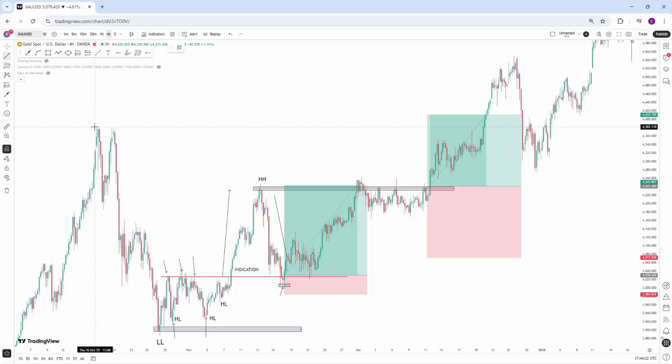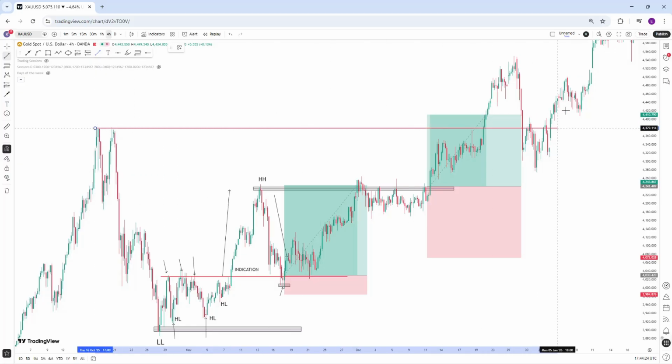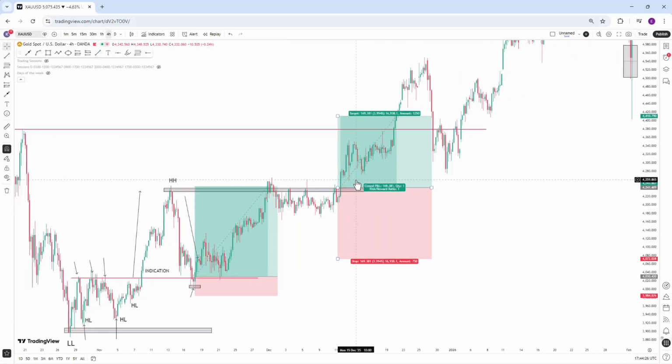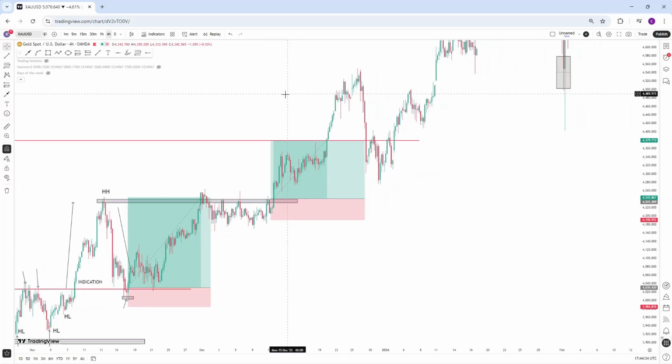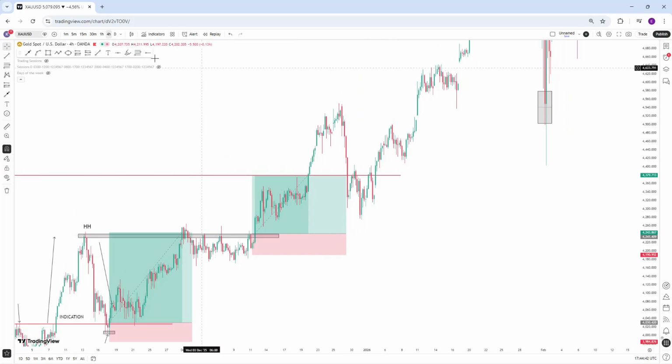Same applies here. Price gave us an indication, corrects, and we enter a position above here. Stop loss below the previous low. Our target level is here.